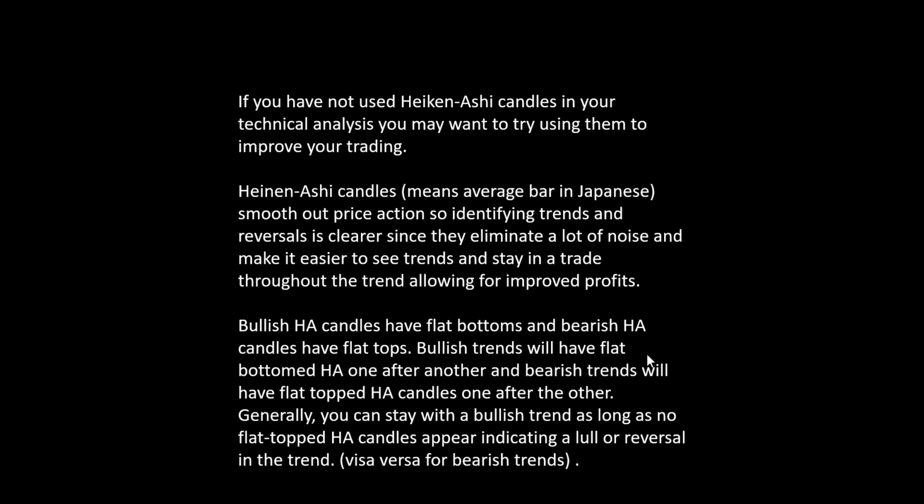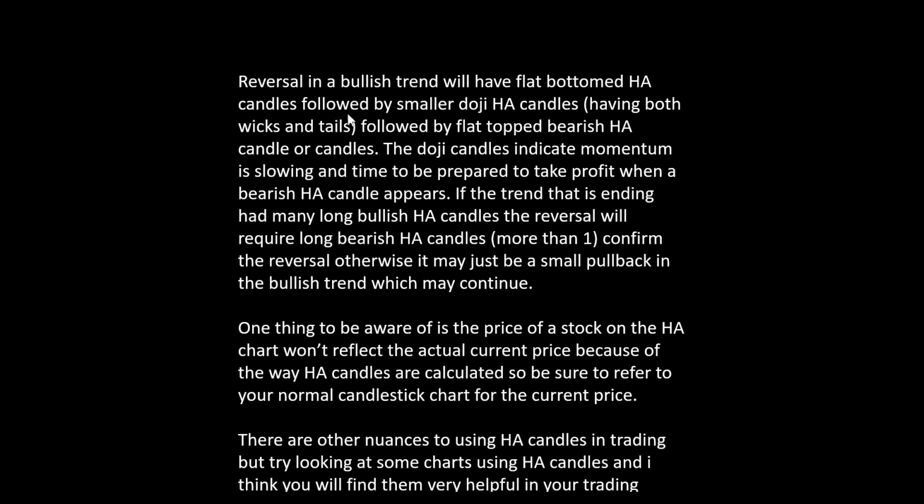Generally, you can stay with a bullish trend as long as no flat top Heiken-Ashi candles appear, indicating a lull or reversal of the trend, which would be, for example, the candles get really small, or you start getting wicks on top of the Heiken-Ashi candles. And we'll show you that as we get into this.